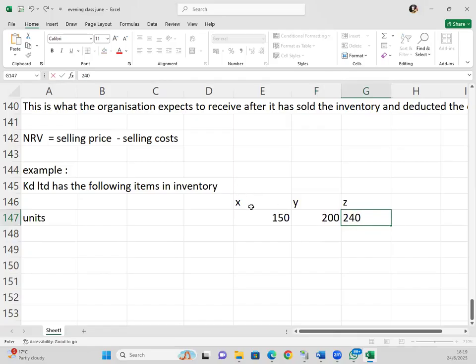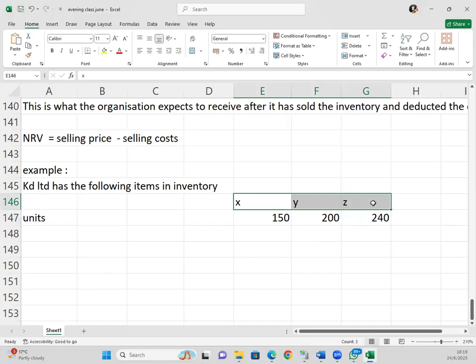So these are the items we have in inventory.